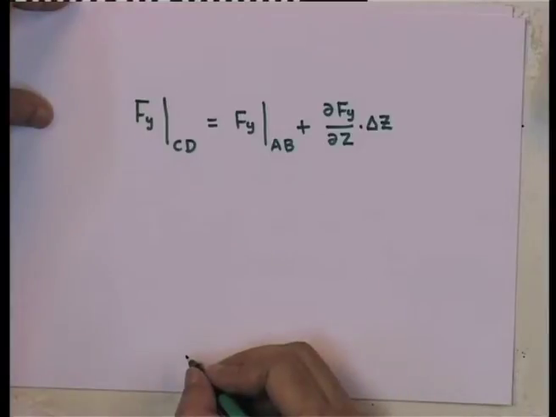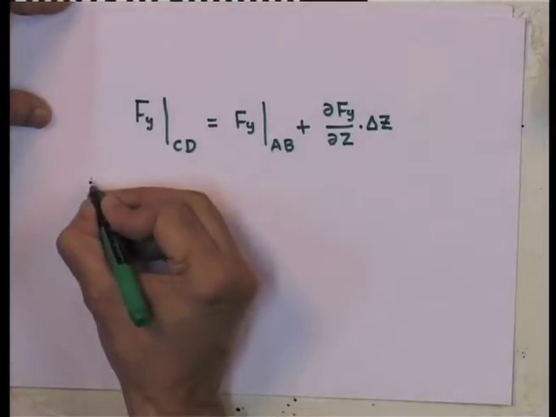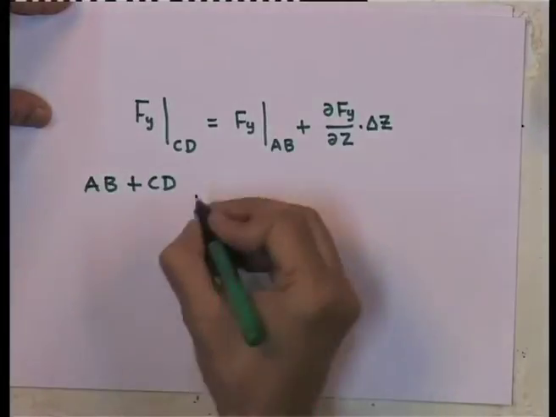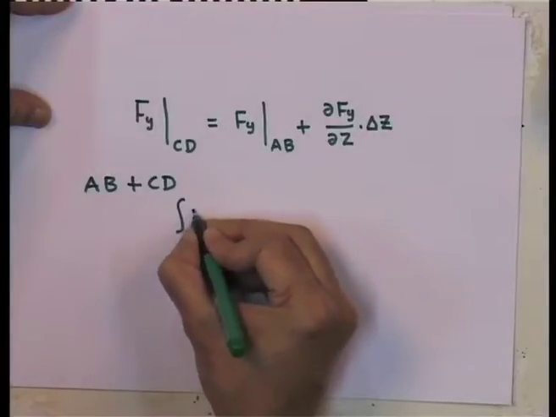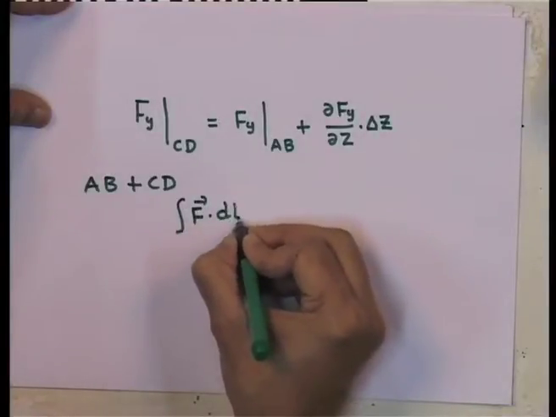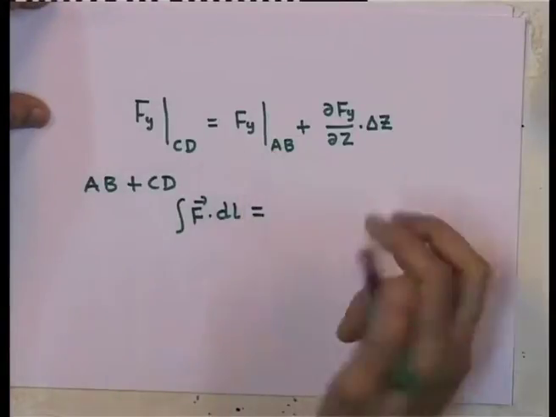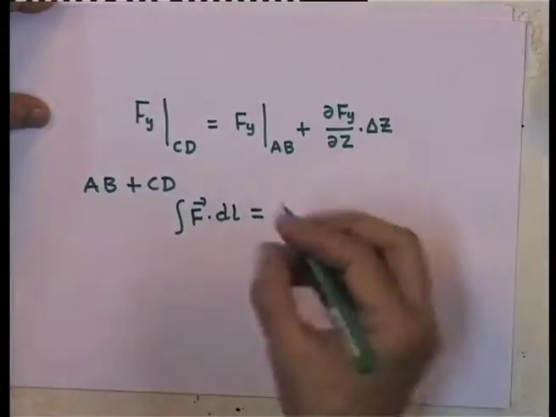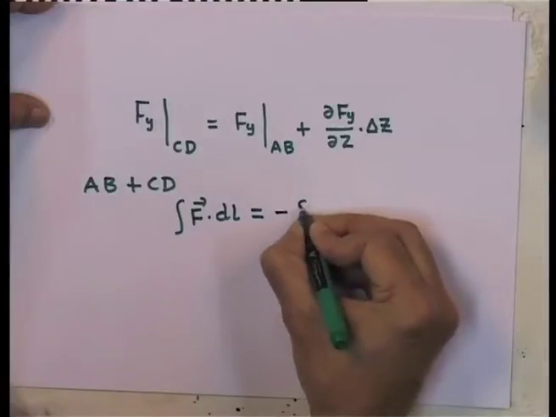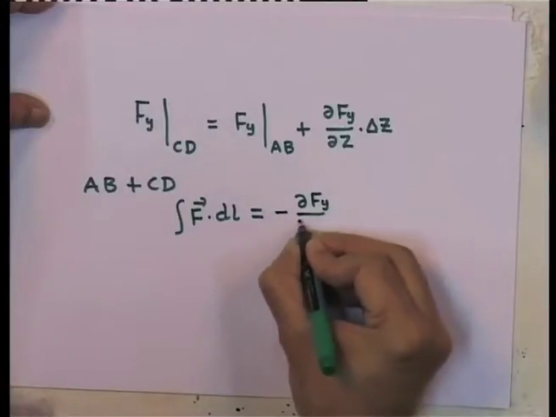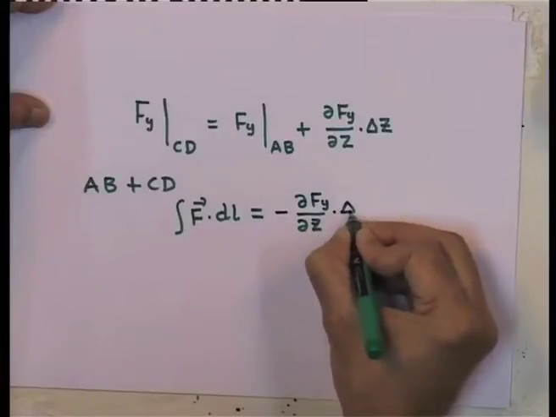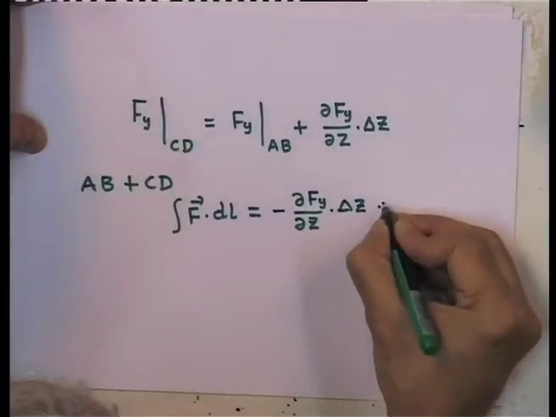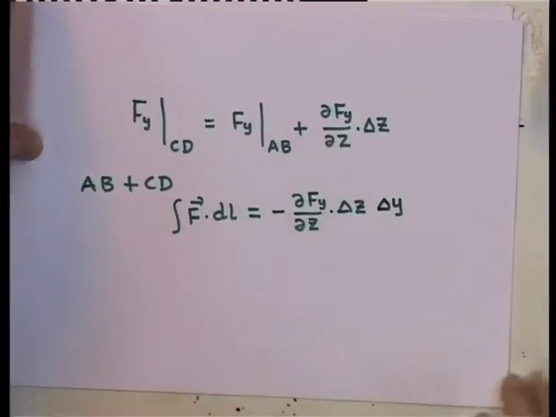So, the contribution from A B and C D put together to the integral f dot dl will be given by, because C D is traversed in the reverse direction, minus delta f y by delta z, and this multiplied by of course delta y, because I have to do an integration.